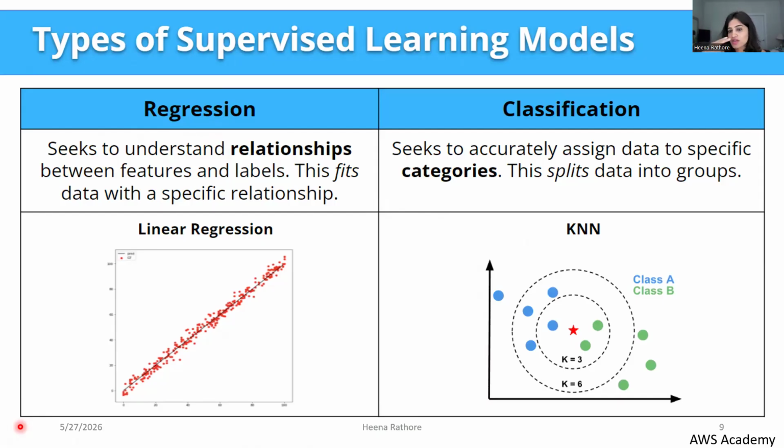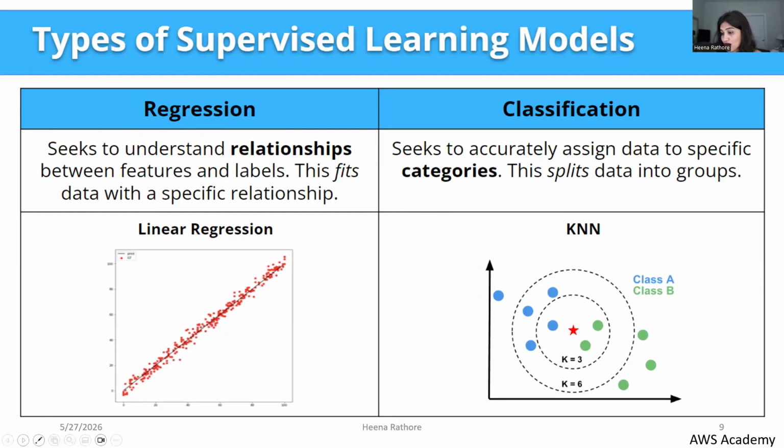Versus if I ask you another question, what about predicting how much it will rain? In this case, you do not know the exact number, the millimeters of the rainfall. So it's a continuous numerical value, and it will fall under regression. So that's the clear difference between the two.